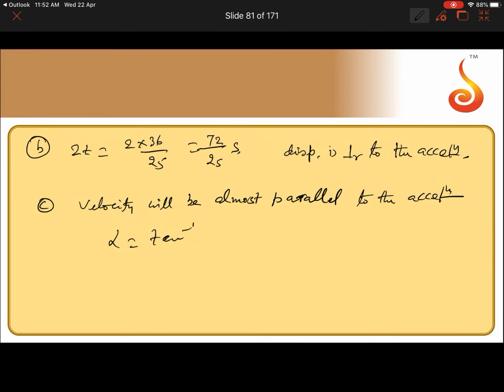So alpha will be equal to tan inverse 3 by 4.